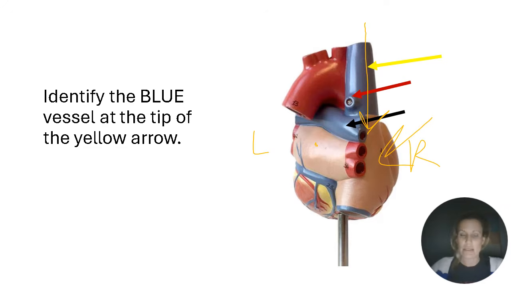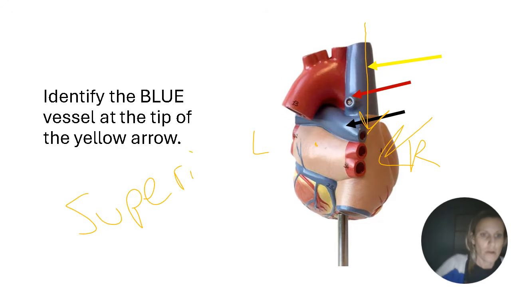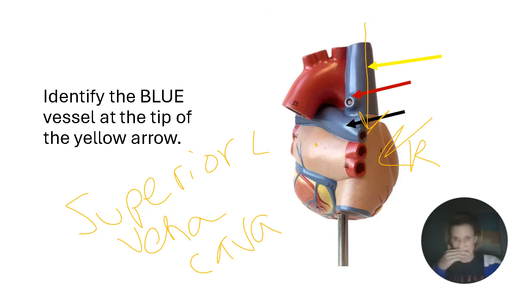And remember, that is the superior vena cava, the superior vena cava. What about this one that goes into the bottom of the right atrium? That would be the inferior vena cava.